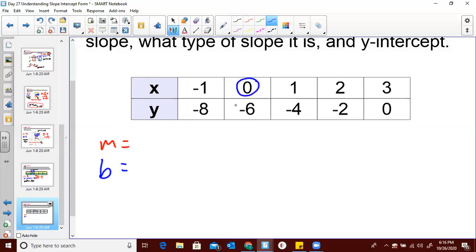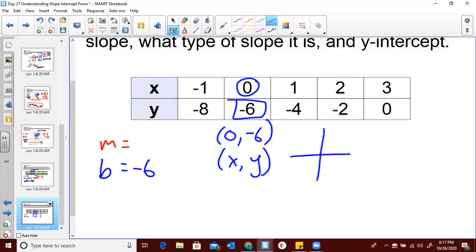Well, x is 0. So that means that our y-intercept is going to be -6. And remember, that's because our coordinate pair is x, 0, y, -6. So when you're looking on a graph, your point's here, and you're coming down 1, 2, 3, all the way down to -6, and that's where your line will cross.